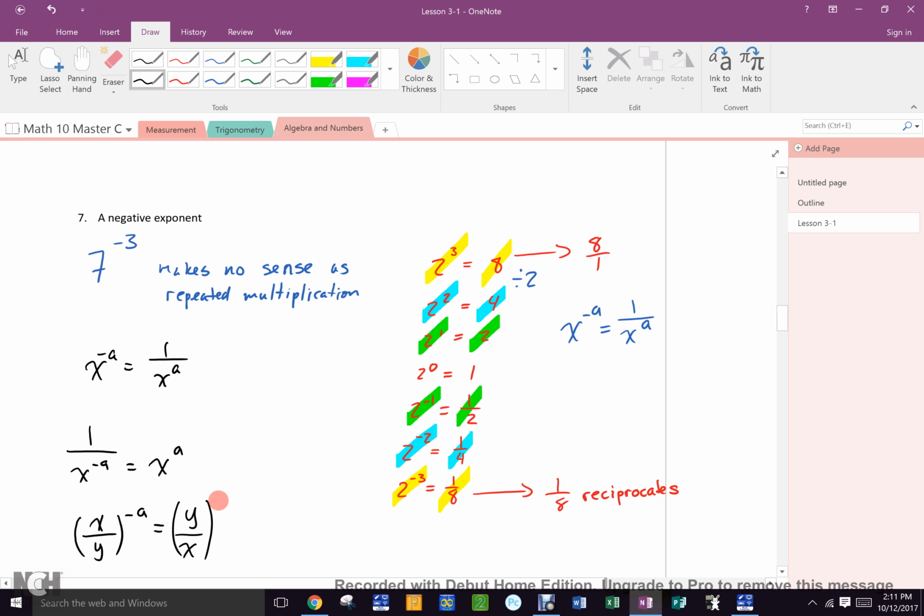Y over x to the positive a. Everybody understand that one? It's an A, Josh. The same way it's been all the way along. They've been A's. Is everybody cool? Everyone is good? Yes?